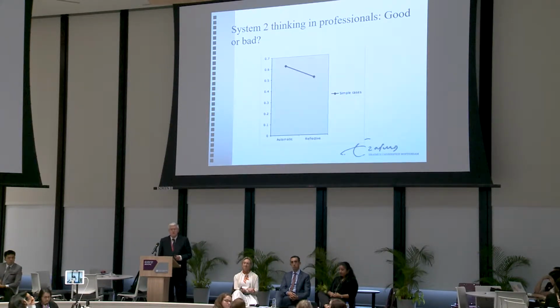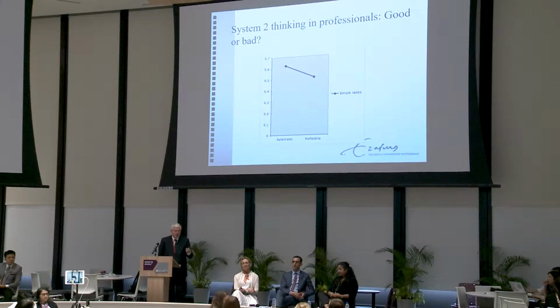Now, when you ask them to diagnose simple cases, in 60% of the cases they are right. And then when you ask them to deliberate about these cases, actually they become poorer. So this supports the idea that if you have to think about a case, it is not going to be better.